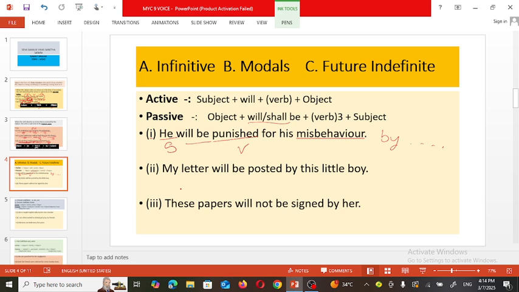That is not given. Now see the second example.